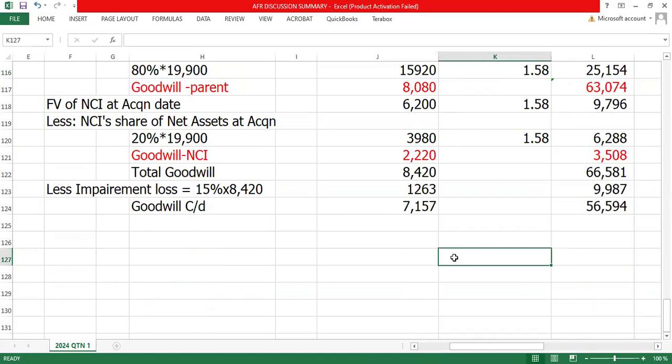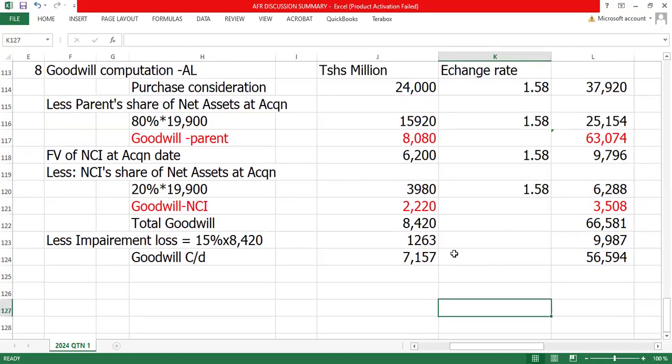Let me hope whatever we are doing is right. The percentage was what? 15? What impairment? Yeah, but let's confirm.